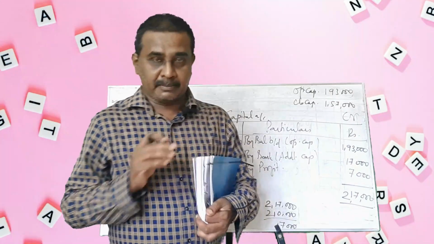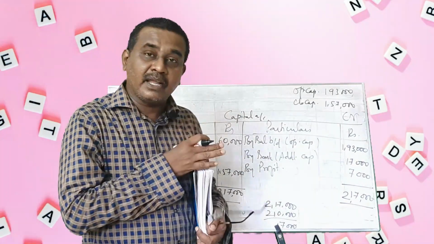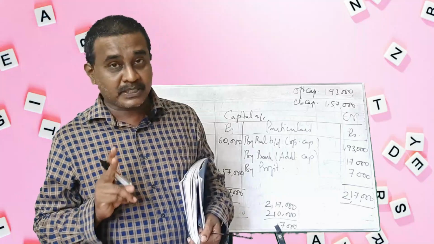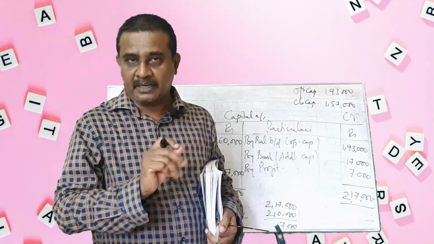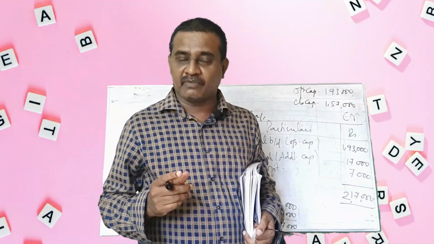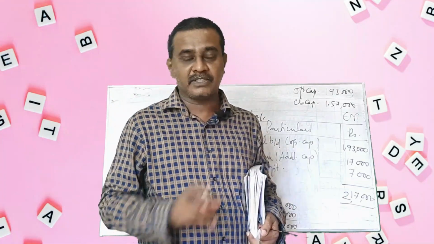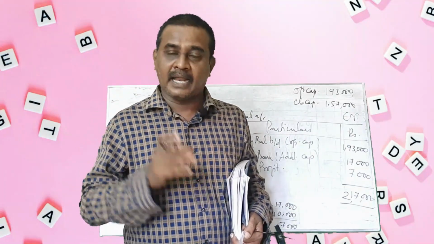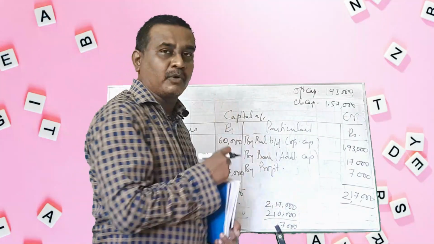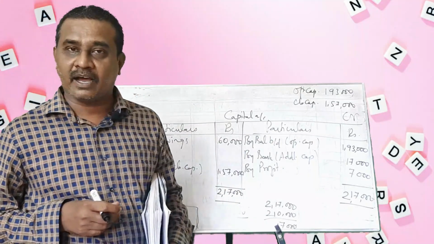So remember, if it is given like this, you have to prepare a statement of affairs with the opening balances and find out the opening capital. And prepare one more statement of affairs. In that statement of affairs, make all the adjustments and find out the closing capital, and then prepare the capital account and find whether there is profit or loss.